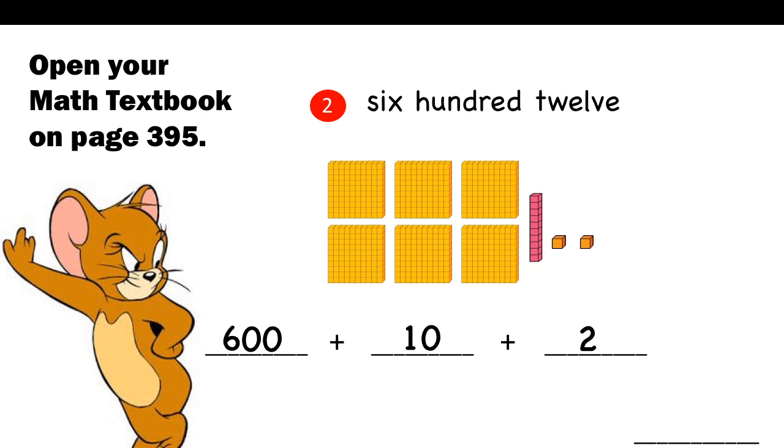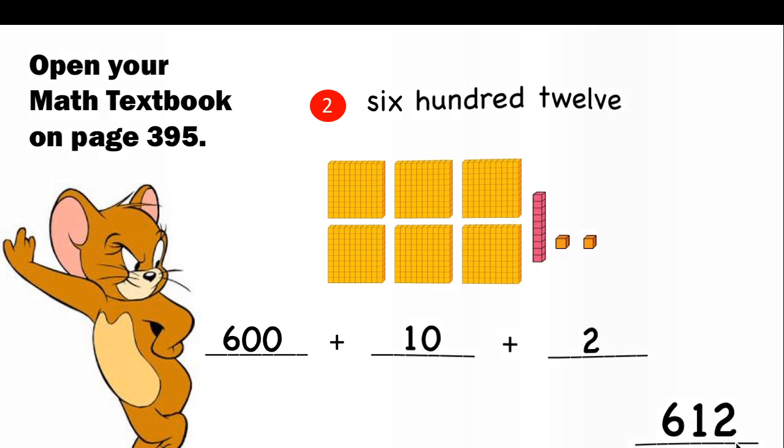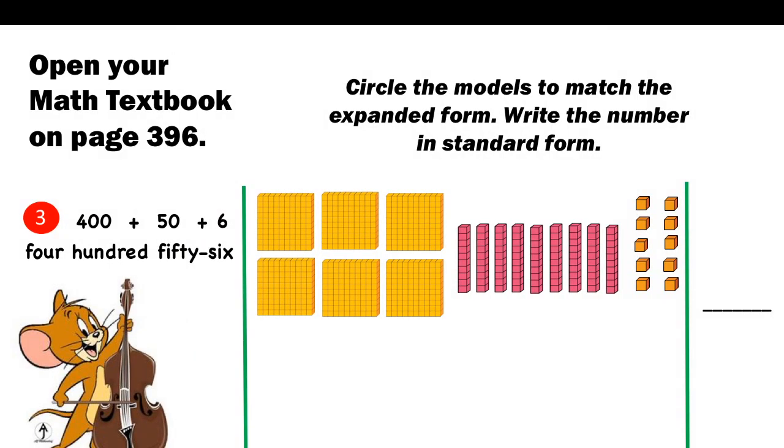Now what will be the standard form? Again, don't forget, you will take the first numbers. From here you will take 6, 1, 2 and put them together. 6, 1, 2. How do we read this word? 612.